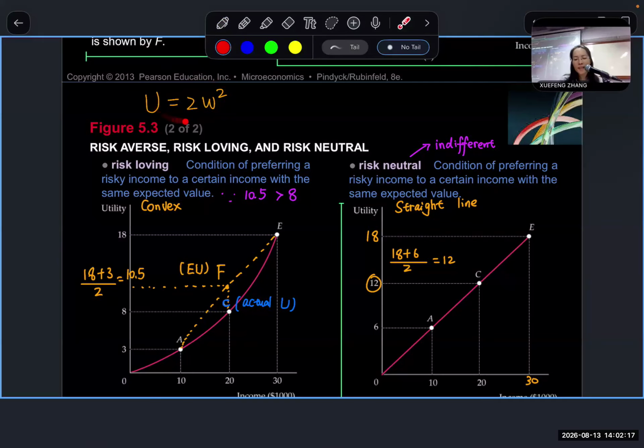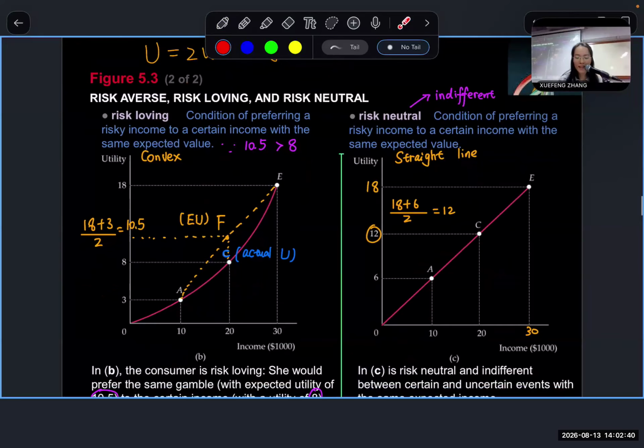Don't get confused about the symbols here. Basically, in mathematics, it just means y equal to x squared, right? Y equal to x squared, that is a quadratic function. Look like this. U shape. All right.